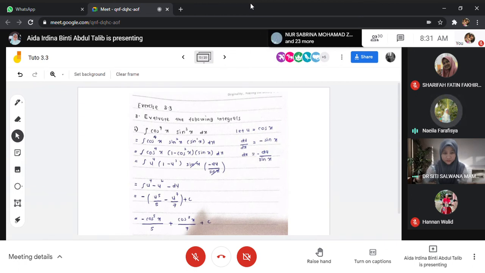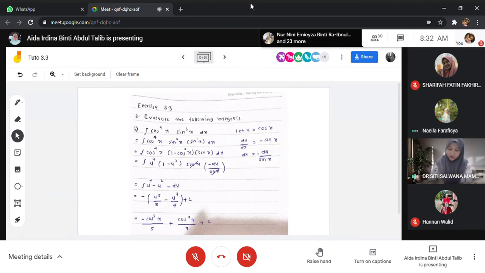Lepas tu kita integrate jadi u kuasa 5 over 5 tolak u kuasa 7 over 7 tambah C. Lepas tu kita substitute semula value of u. So kita akan dapat negatif cos kuasa 5 x over 5 plus cos kuasa 7 x over 7 plus C.